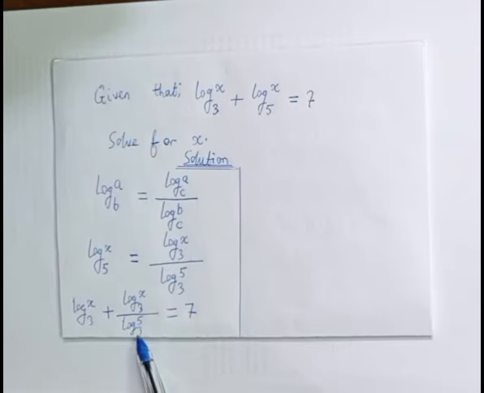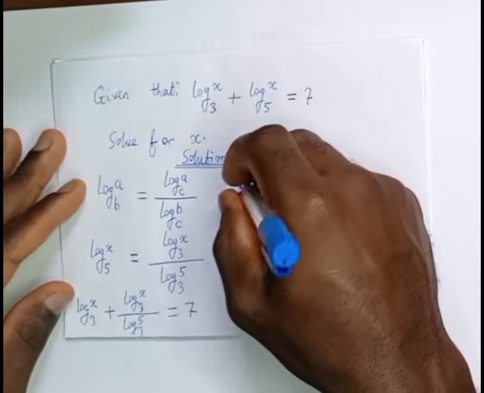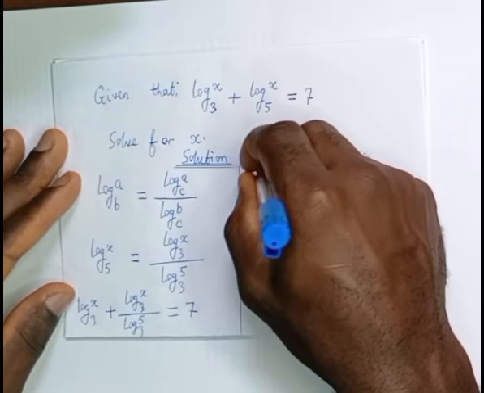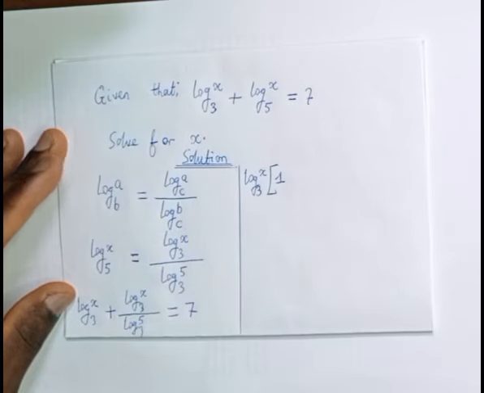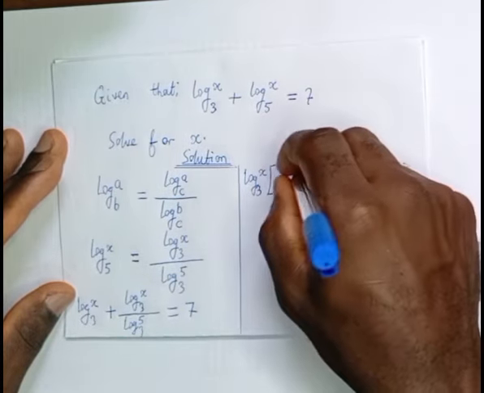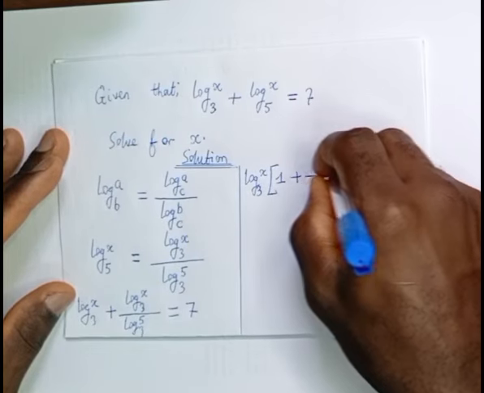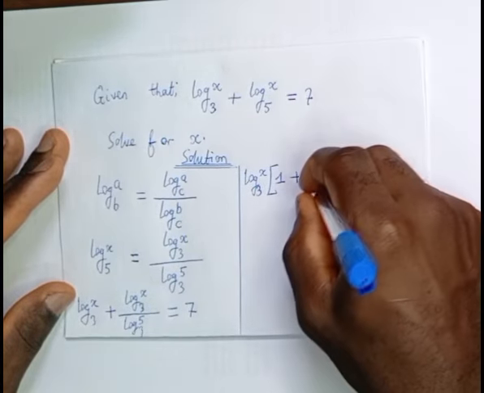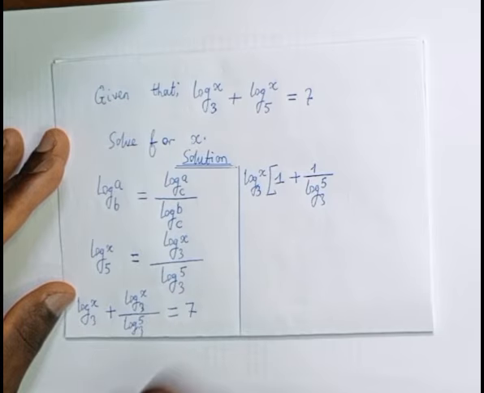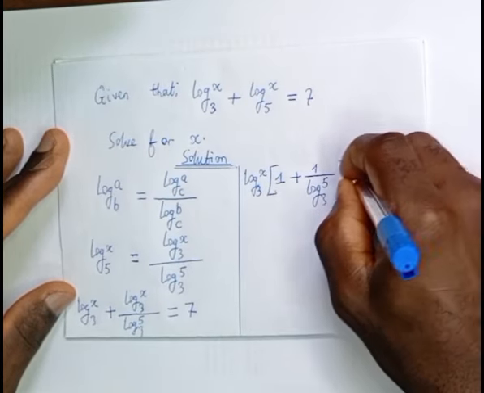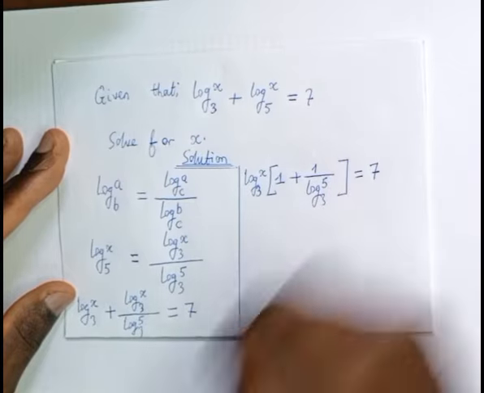Log 5 base 3 is a constant. You will see that at the left hand side we can factor out log x base 3. It's common. This will give us log x base 3 times 1 plus 1 all over the log of 5 base 3, and this is equal to 7.